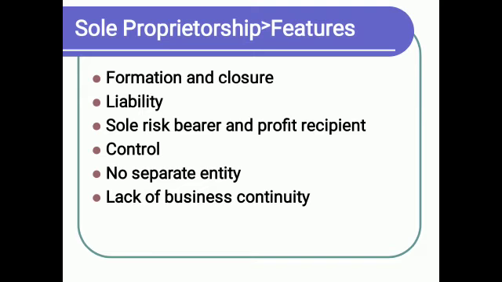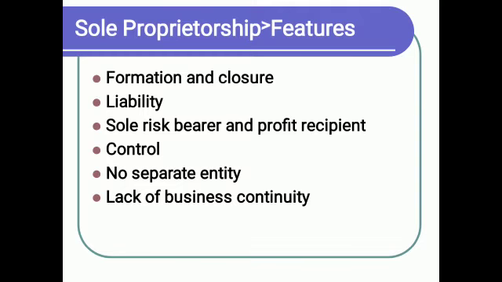Now let us discuss the features or characteristics of sole proprietorship. The salient characteristics of sole proprietorship form of organizations are as follows. The first characteristic is formation and closure. There is no separate law that governs sole proprietorship.